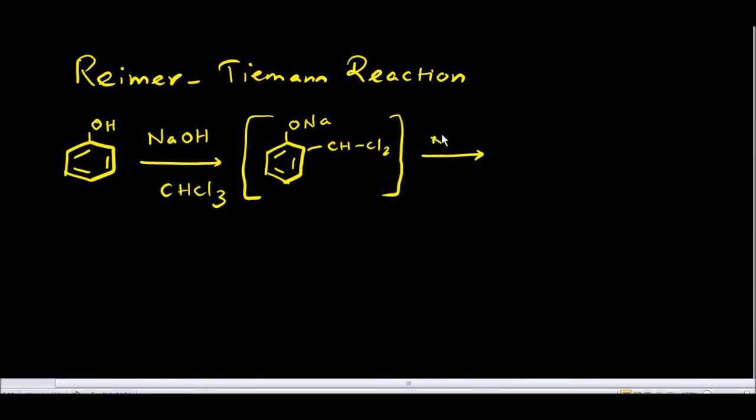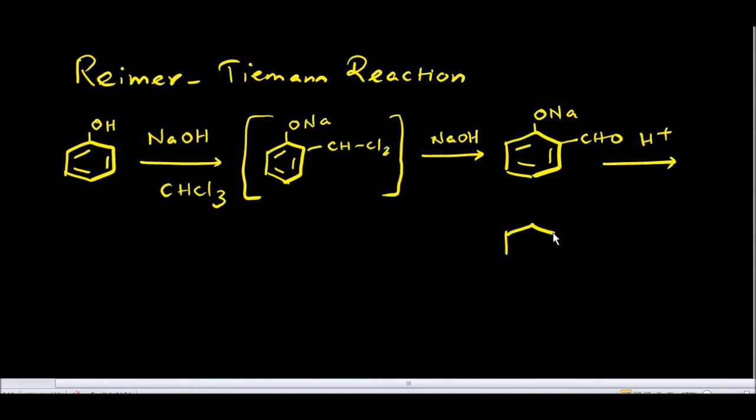This on further reaction with sodium hydroxide, we will be getting the product as follows: ONa, and this is going to be the CHO. This on acidification, we can get a final product as follows: OH, CHO.